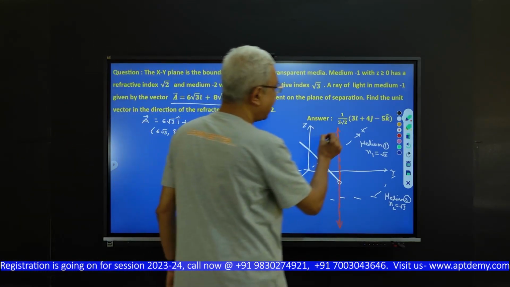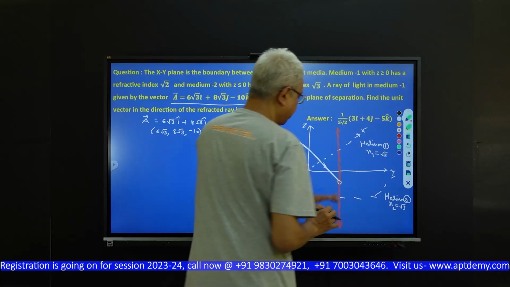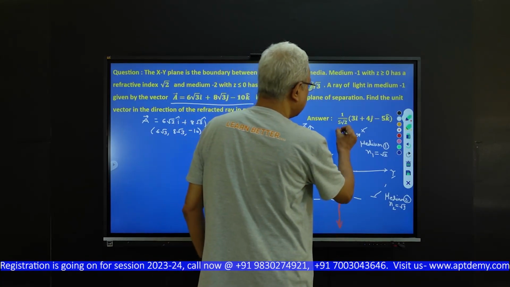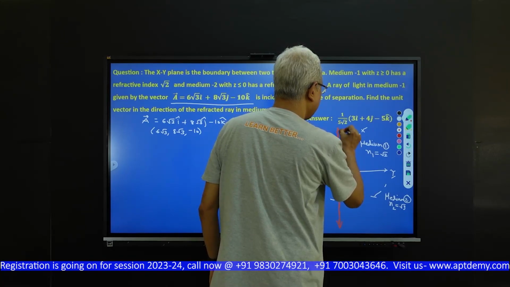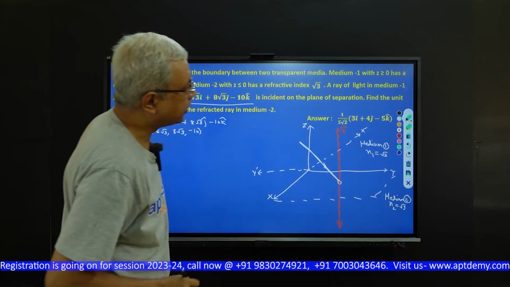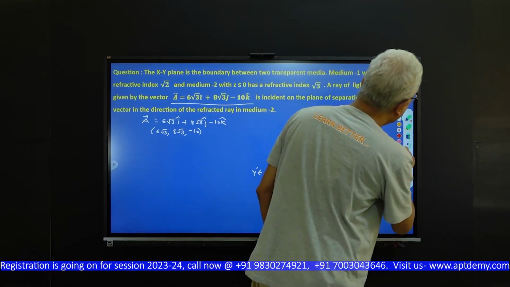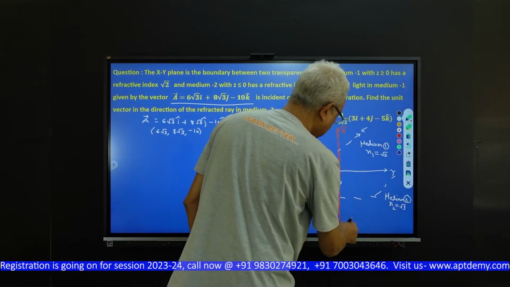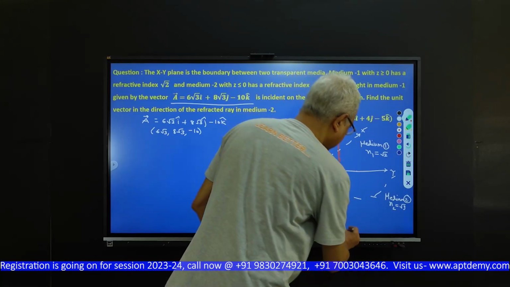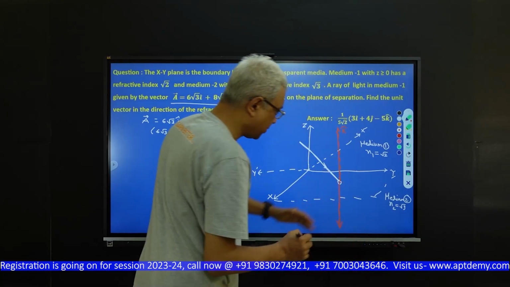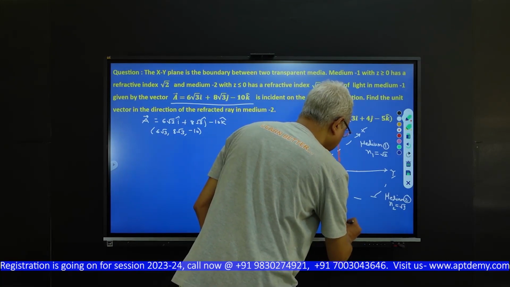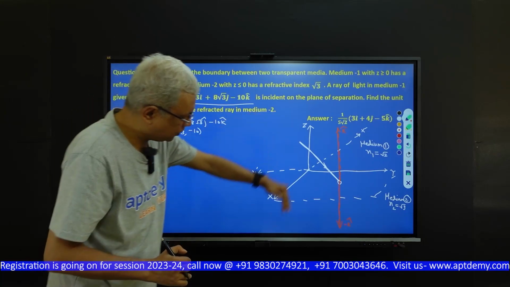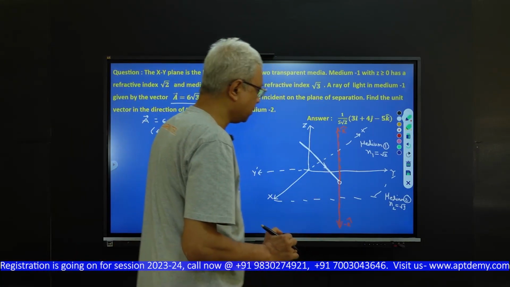So I can write the normal vector on the xy plane for the incident ray as k cap. This is the k cap vector, the normal to the surface. For the refracted ray, I can write it as minus k cap vector, just opposite to the positive z direction.